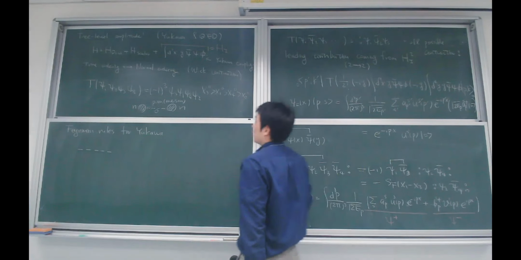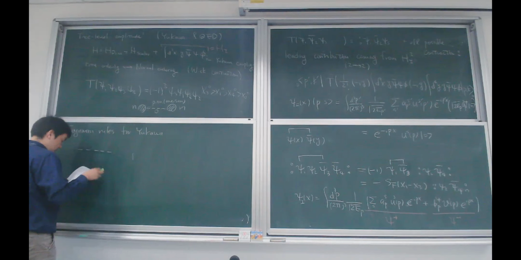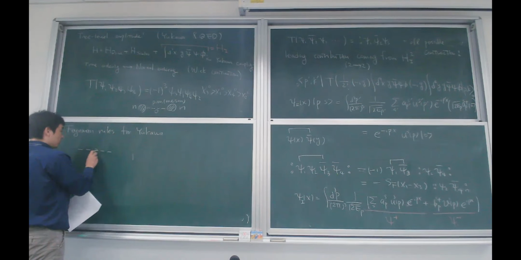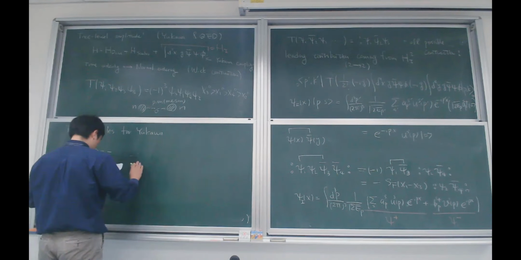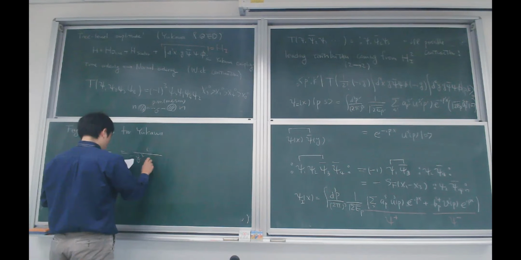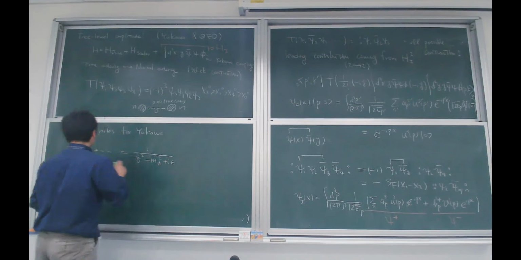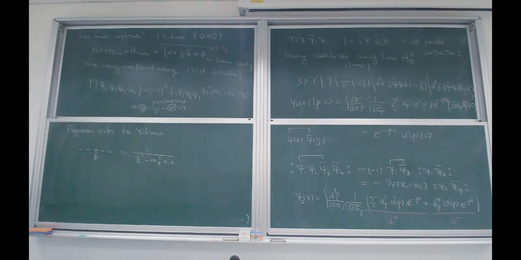Therefore this propagator, with q squared, is, by the Feynman rule, i over q squared minus m phi squared plus i epsilon. So this is the propagator for a pion.